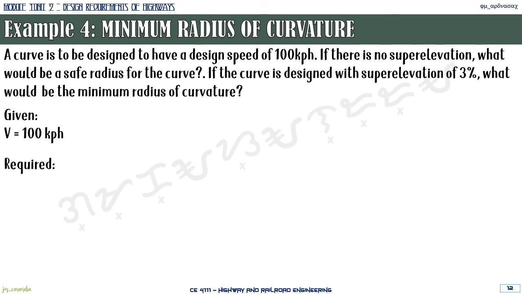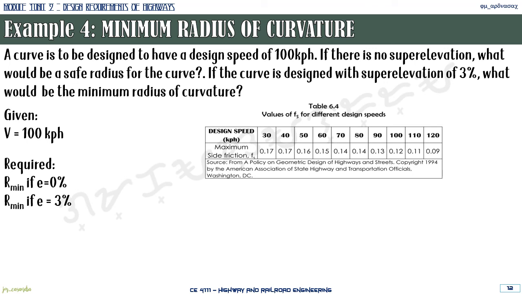For our required, we want to solve for the minimum radius if e is 0 and if e is 3%. For side friction, we are going to use again table 6.4, given 100 kph, so we'll be using 0.12 as the fs.